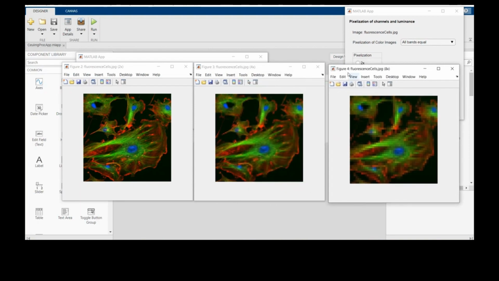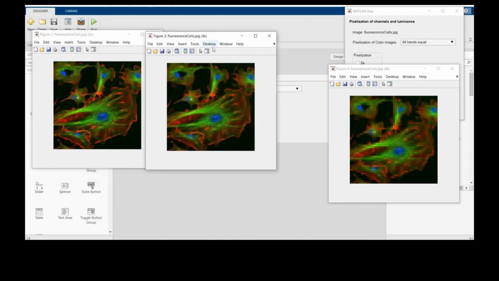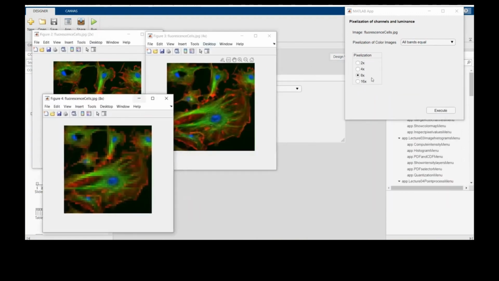So now let's explore if this also applies when we do it channel by channel. So for instance, let's say we separate the 3 bands, and then we apply the 8 factor reduction in the red and the blue channel, but not in the green channel. Let's see how it looks like.